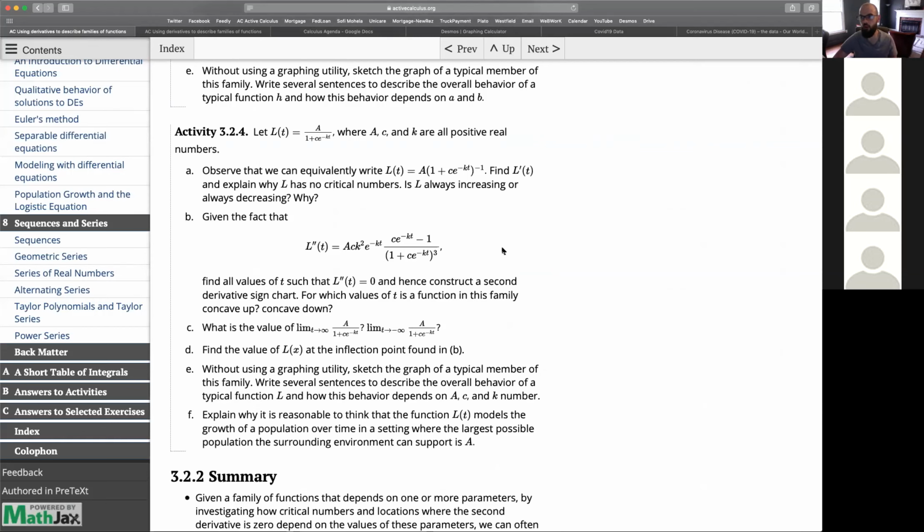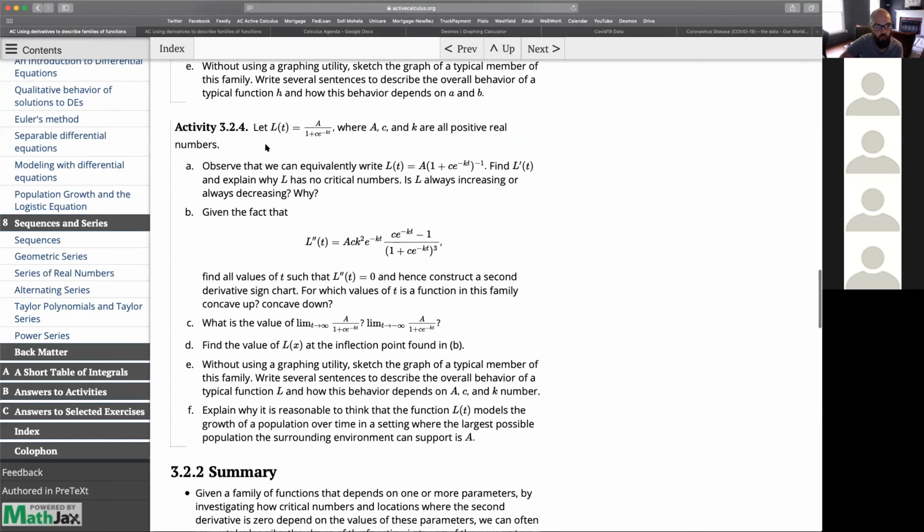Okay, so let's go over here and take a look at this last example, where we have a logistic function. As I read off before, we have a three-parameter function here. We have a value a, a value c, and a value k. Those are all parameters. Our variable, our input, is going to be t.